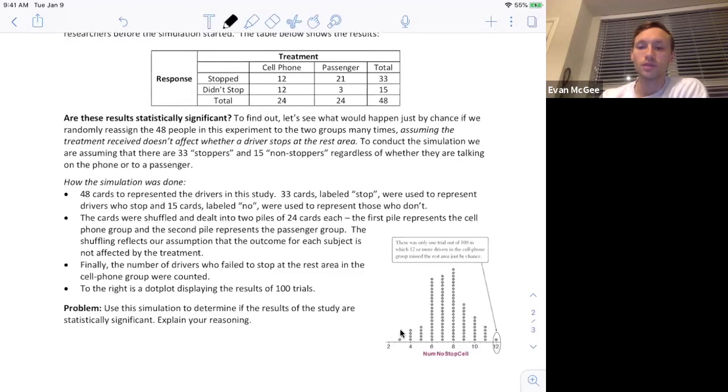So the reason that we're doing this is we want to know how rare our result was, because in the study, the result was that 12 people in the cell phone group did not stop.